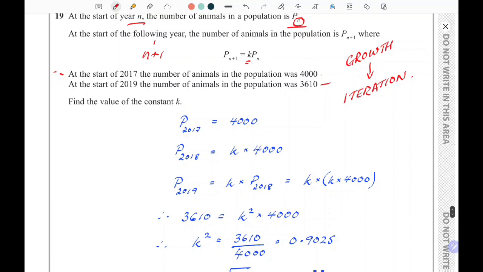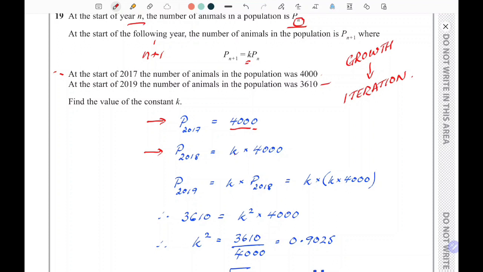What we're doing here is using the formula they've given us for the 3 years in question. So 2017 is simply a starting point, 4,000. Then 2018 must be k times the previous year's total, which is k times the 4,000.